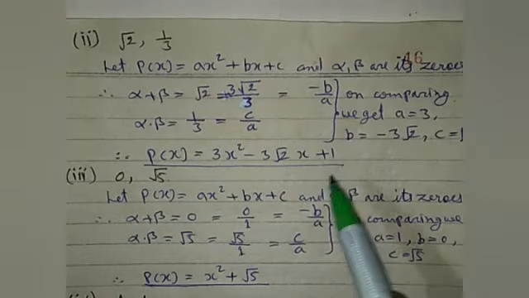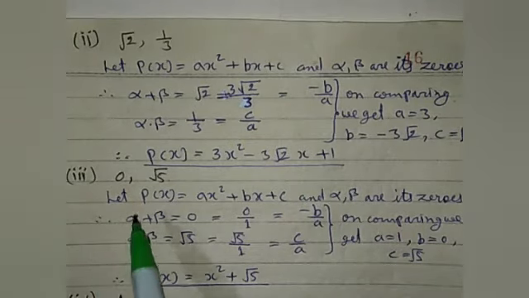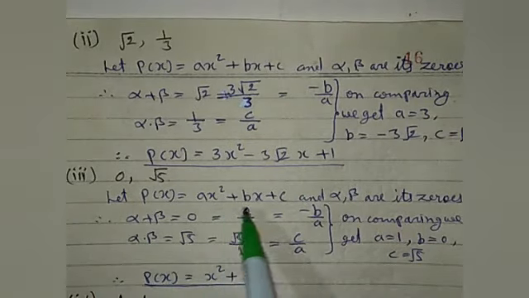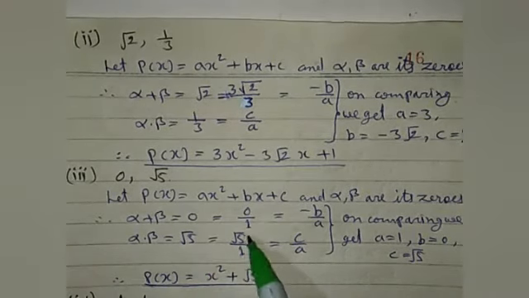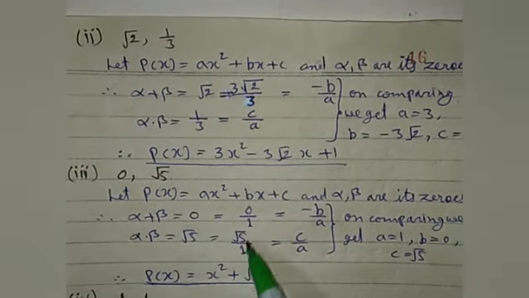plus c, meaning 1. Now in the third part, let p(x) equal ax square plus bx plus c and alpha and beta are its zeros. Here alpha plus beta is equal to 0 and alpha into beta is given as root 5. So putting them in the form of numerator and denominator, you will get root 5 upon 1 and here also 0 upon 1. The denominator should be the same.